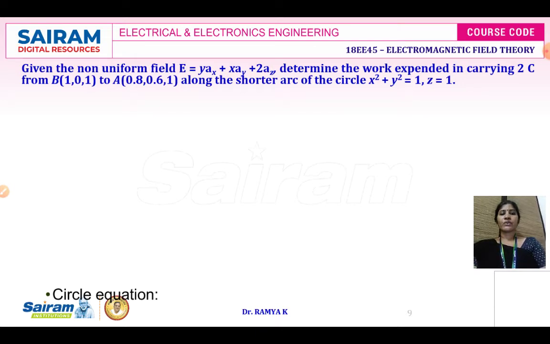So here you are supposed to move the point charge 2 coulomb from point B to point A in the presence of the electric field y aX + x aY + 2 aZ.